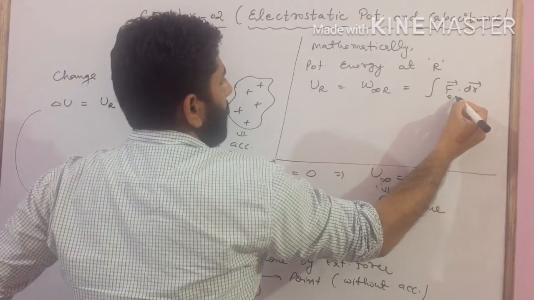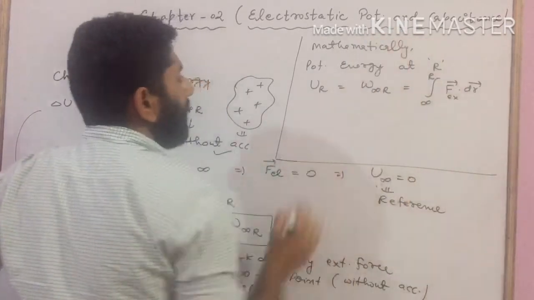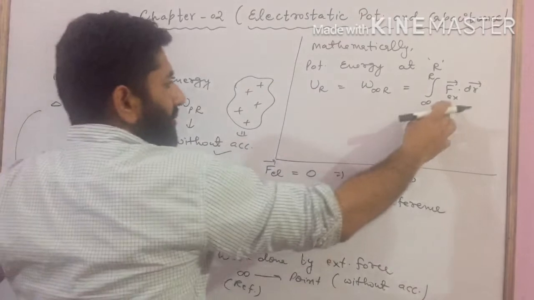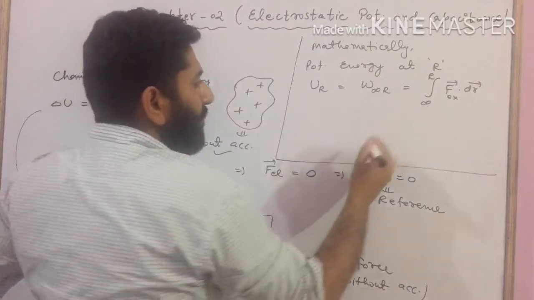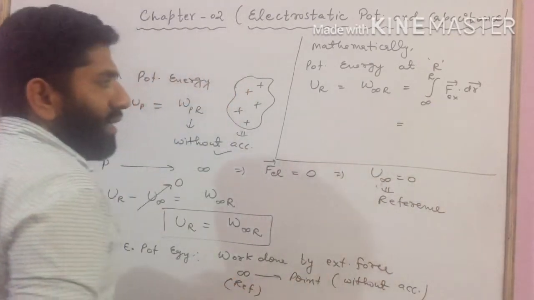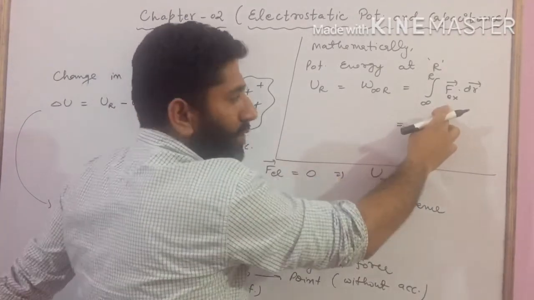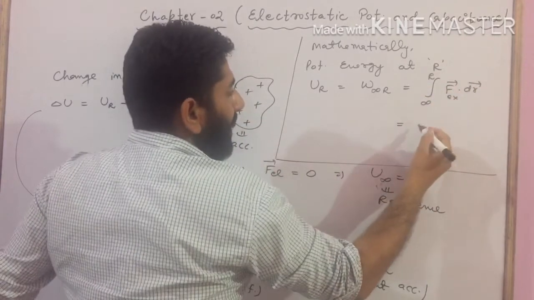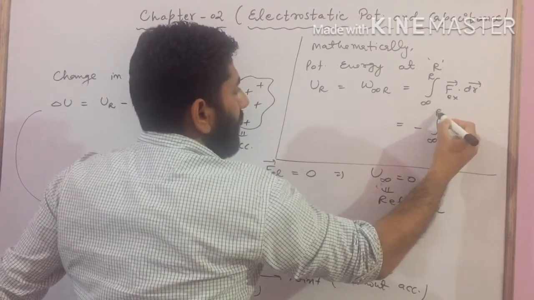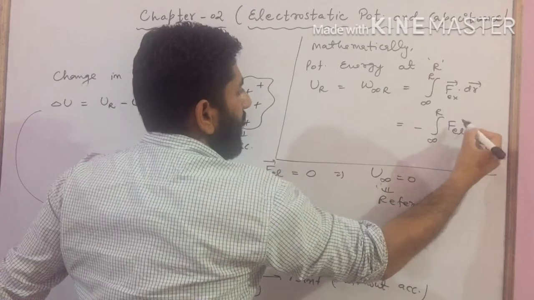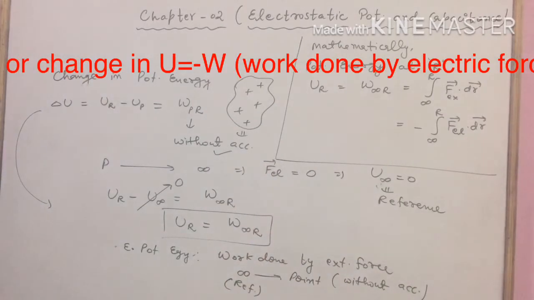This work done we have to consider is due to the external force from infinity up to the point R. As external force and electric force are opposite to each other, as we have just seen, if I calculate this work done due to the electrostatic force, that work done will be opposite in sign. So if this work done is positive, that work done will be negative. So I can write it as the negative of work done by which force? By electrostatic force. So this is the final definition of potential energy.